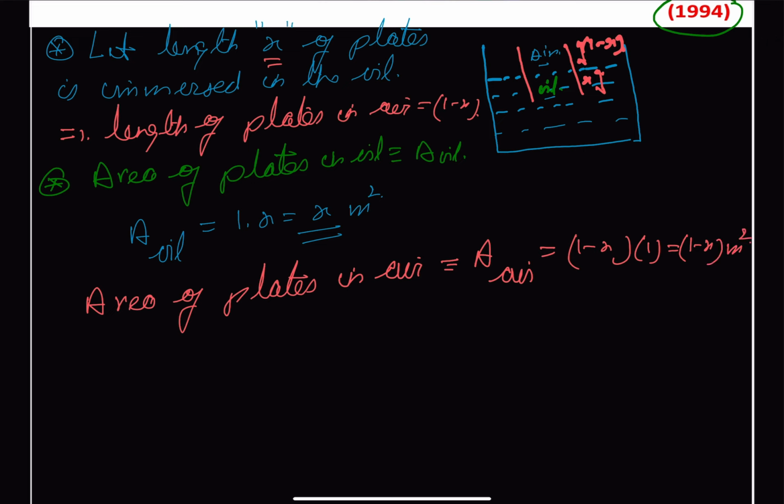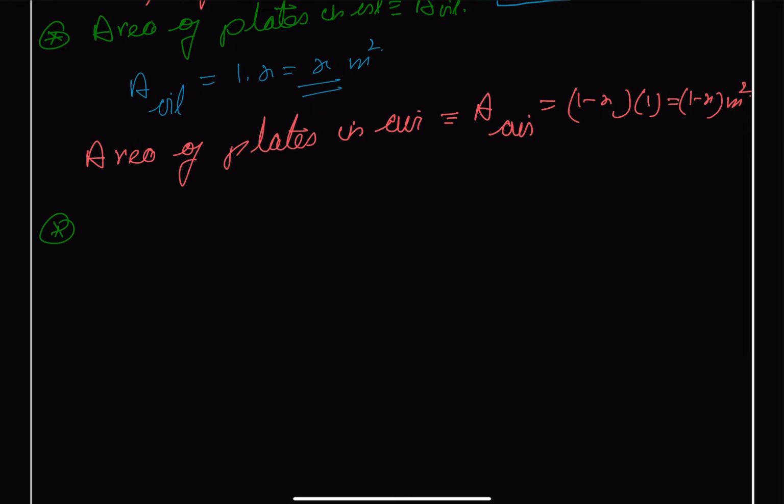And the distance between the plates is going to remain the same. So this distance will be the same whether the plates are in air or in oil. Based on this, we can easily find out the capacitance of the part immersed in oil and the capacitance of the part which is not in the oil, that is in air.